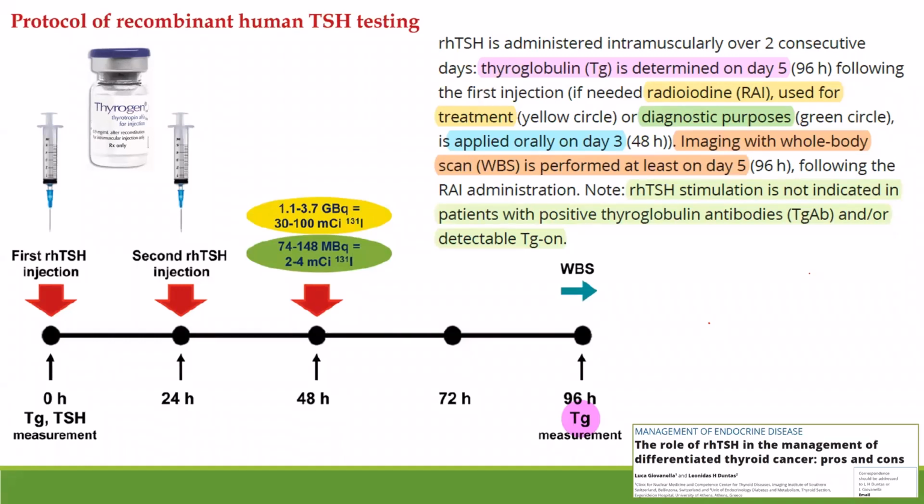Radioiodine used for treatment is done on day 3, or 2 days after the first dosage. And also we can give a diagnostic radioiodine also on day 3. If we're doing whole body scan or TG, we will do it on day 5.